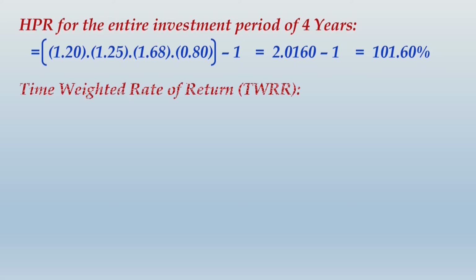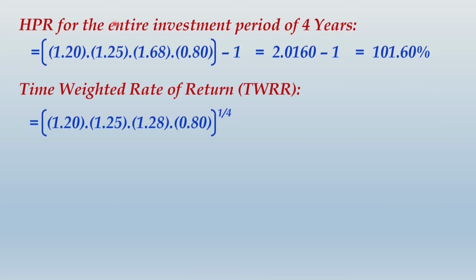So now if you notice, what is the difference between HPR and TWRR? When you are computing TWRR, you are taking the product of the same 4 factors, but you are taking geometric mean. Because you are multiplying 4 factors, you are taking the product raised to 1 by 4 and then you are subtracting 1. So the factors product when raised to 1 by 4, it will give the periodic effect, and the returns what you compute will be a kind of per annum returns. The per annum returns in this case is 19.16%.